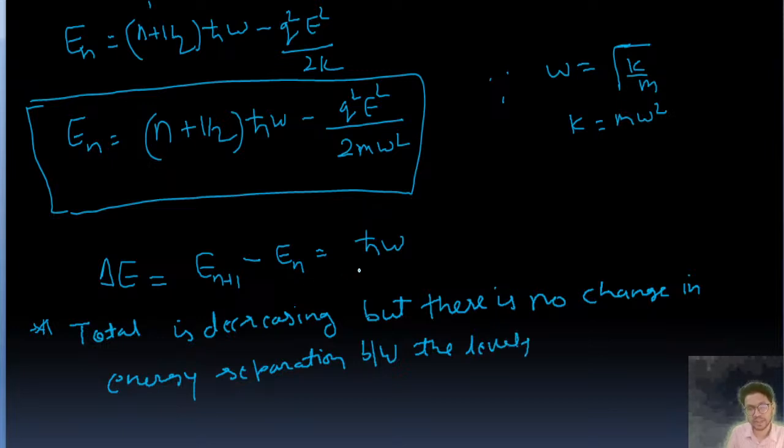So we can see there is no change in energy separation. The energy separation between levels is the same as h cut omega, which is for the actual Hamiltonian. I'll show you by figure.